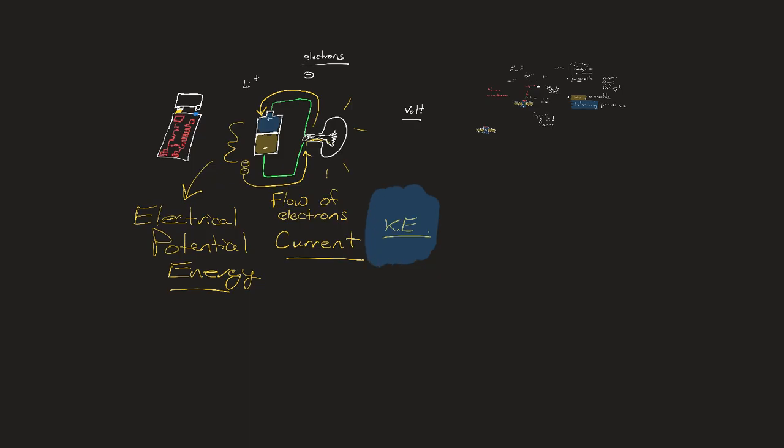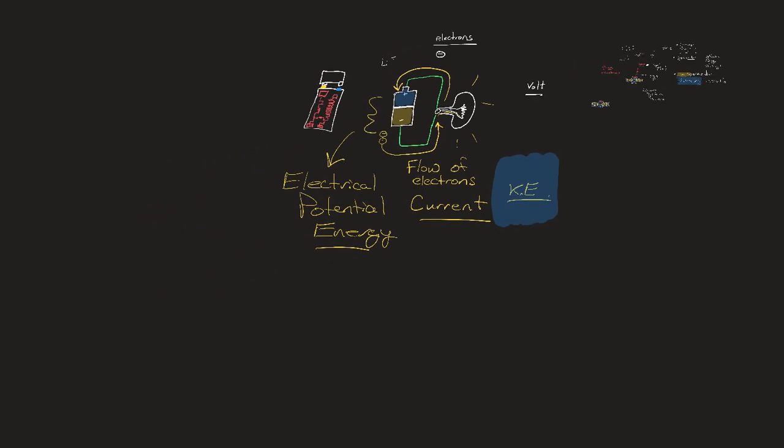Movement, which means kinetic energy, correct? When there's a difference between positive and negative, when you're storing the electrons, when you're shoving them into one side and making one side negative, you're getting ready to release them, right? We call that potential energy.